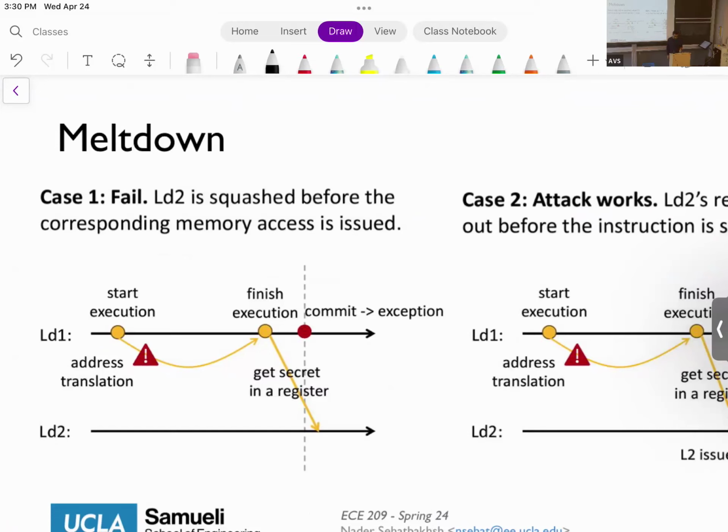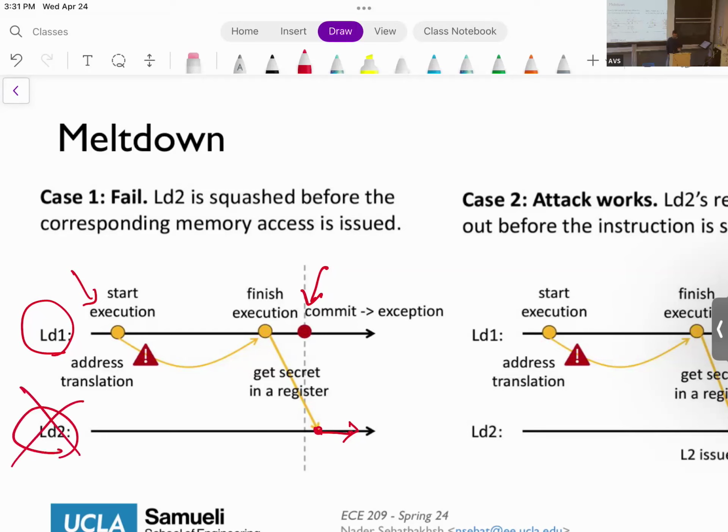The first possibility is that load number one started being executed, and then load number two at some point might start, okay? If by the time load number two is going to start, load number one is already committed, we're going to see the exception, right? Remember that we were not supposed to read this. This would have resulted in an exception. So load number two will be flushed and we're not going to see it, okay?